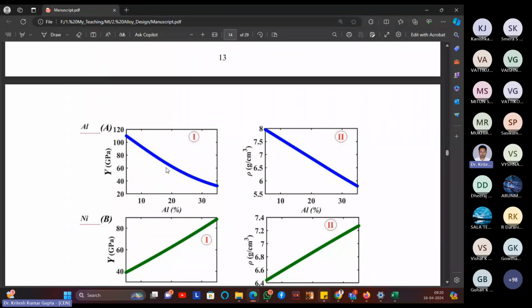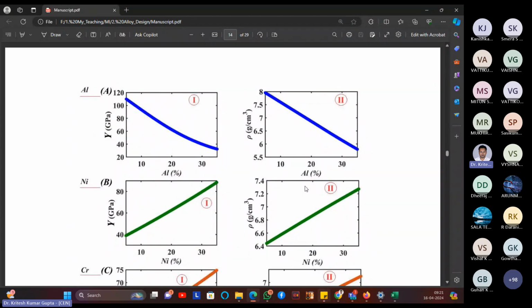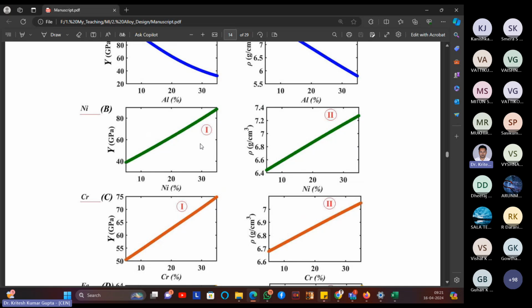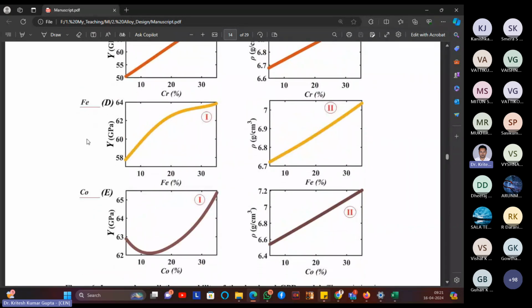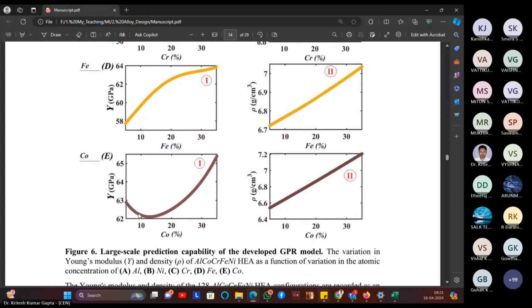With aluminium, we can see the responses are going down. With nickel, responses are going up. Chromium, again, responses are going up. Ferrous, responses are going up. For cobalt, we have got some mixed behavior for Young's modulus. First it is going down, then going up. So this is what we have got for 10,000 samples.